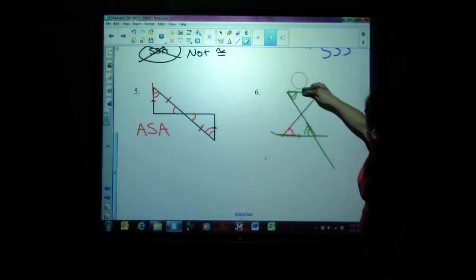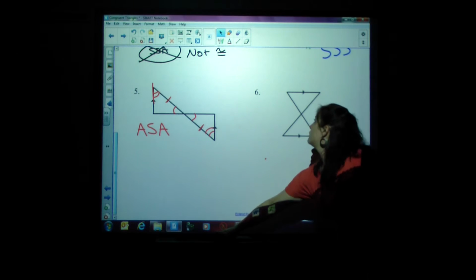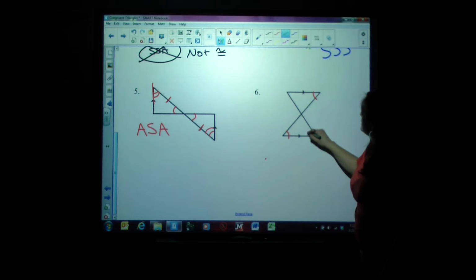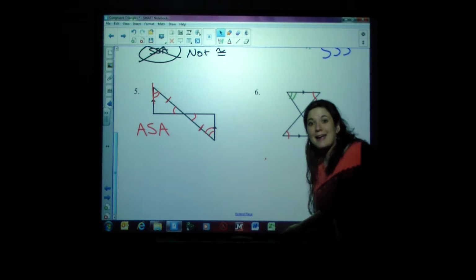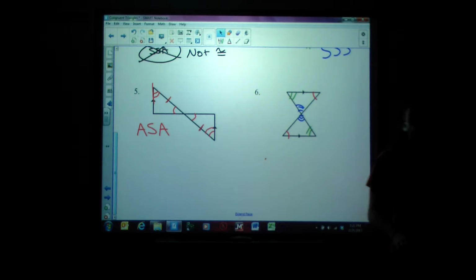Great, okay, making a little bit of progress here. Let me just rewrite this all in. We proved these were alternate interior, and these were alternate interior, and vertical angles show me that this one is congruent to this one. So I know that all three angles in both triangles are congruent.